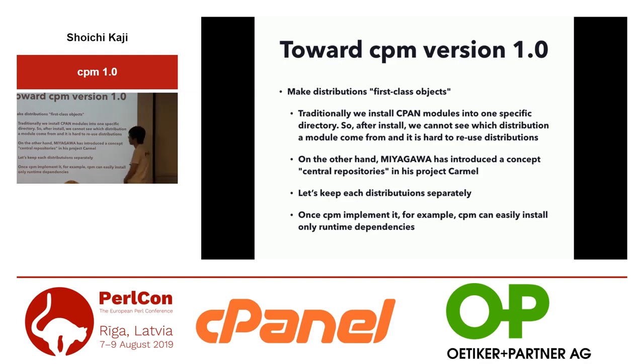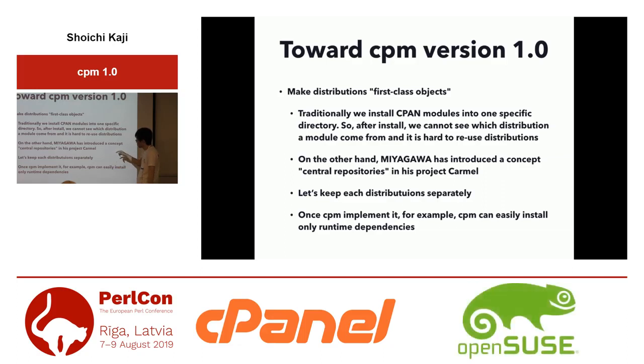Traditionally, we install CPAN modules into one specific directory. So after install, we cannot see which distribution a module comes from. Let's say I see a Plack Request.pm file.